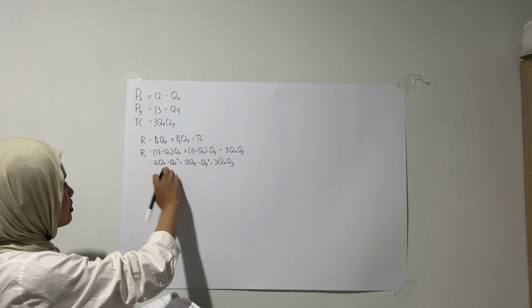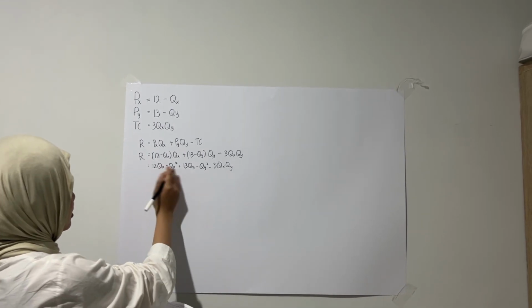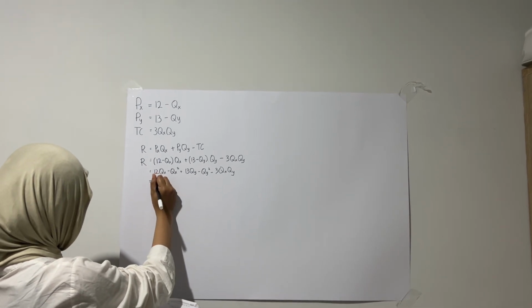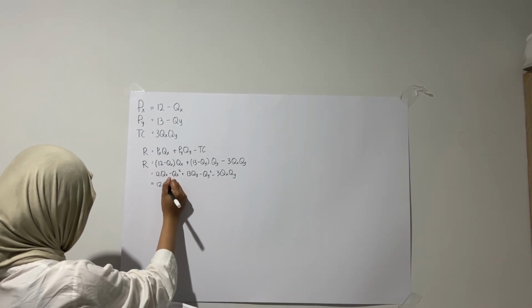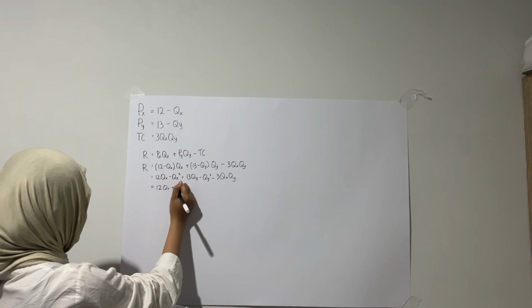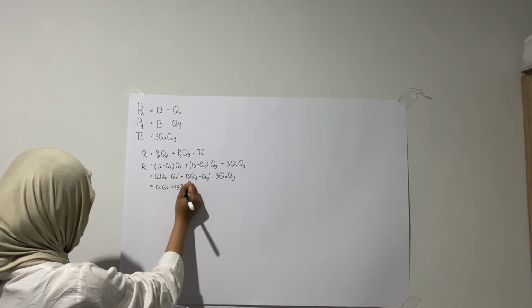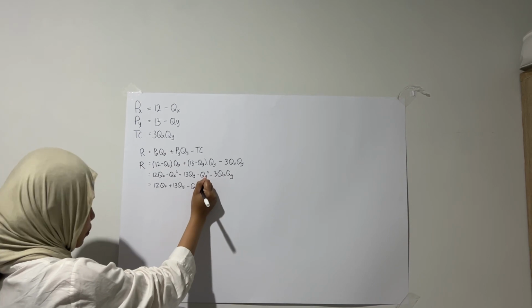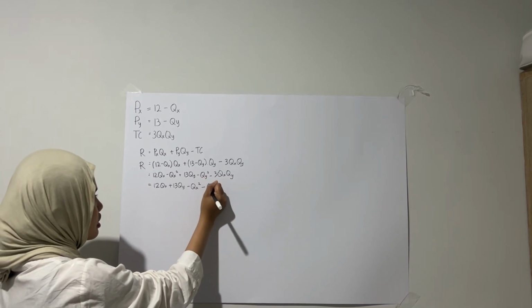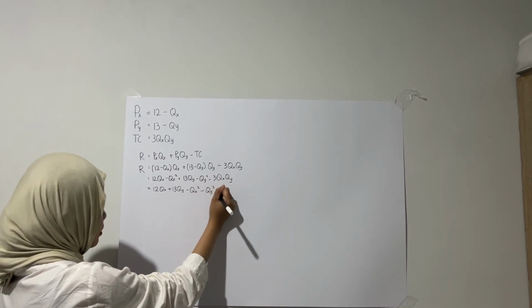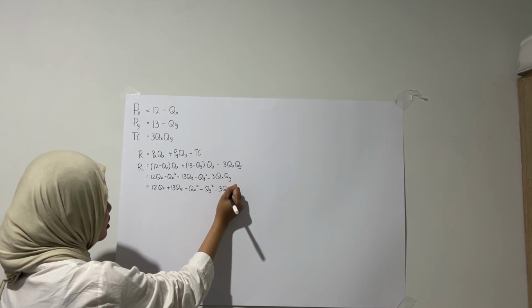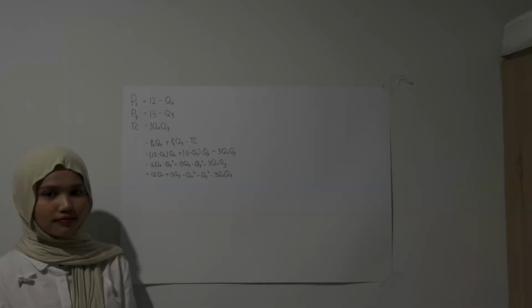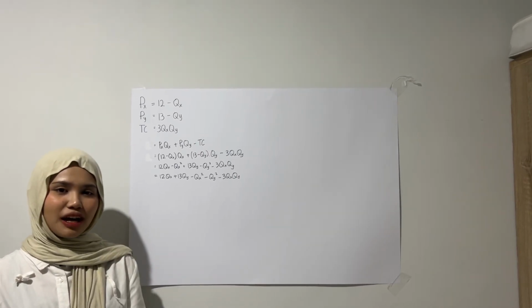Now we can subtract and combine the functions. We get 12qx plus 13qy minus qx squared minus qy squared minus 3qxqy. I'm sorry, I made a mistake.